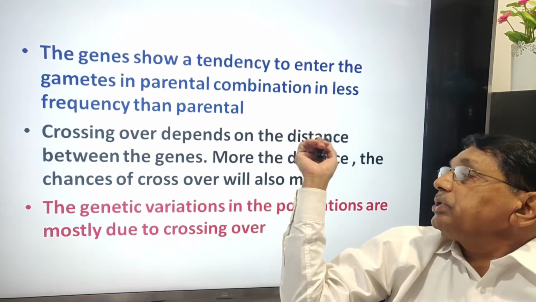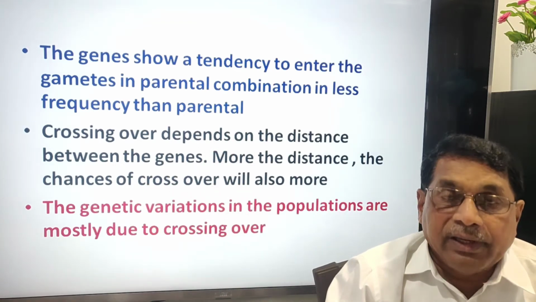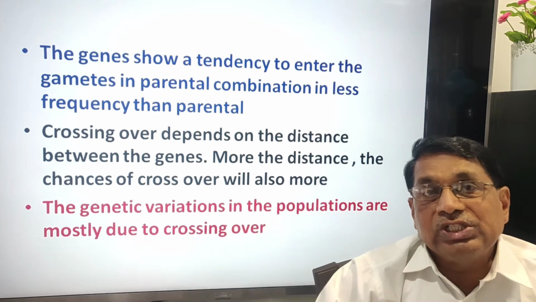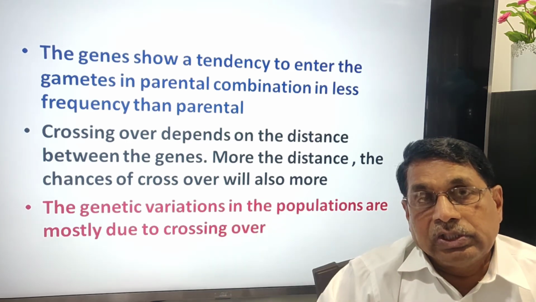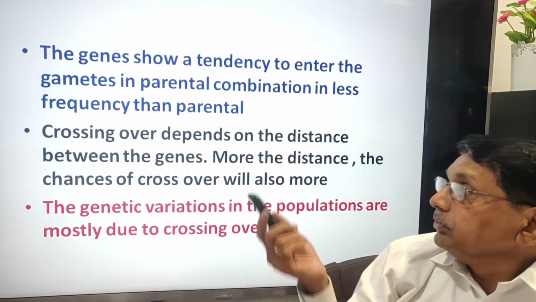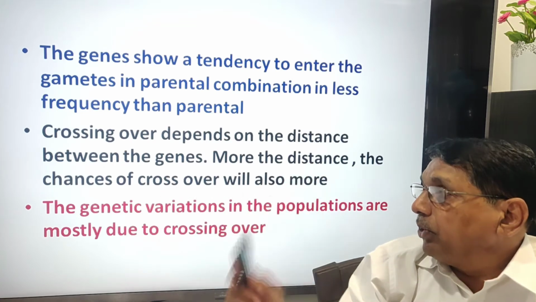Crossing over depends on the distance between the genes. This I am emphasizing very frequently. As the distance between the two genes increases, the chances of crossing over increase. More the distance, the chances of crossing over will be more.